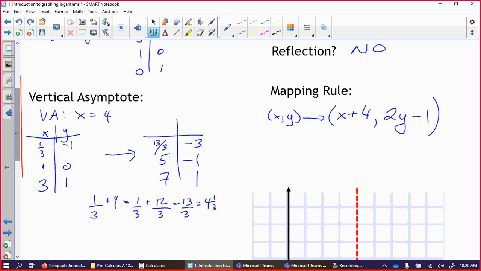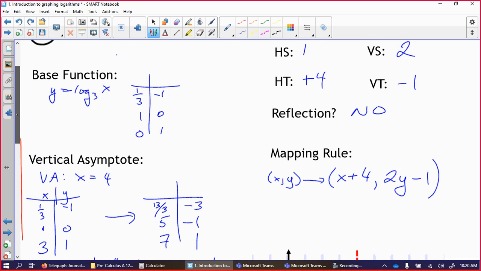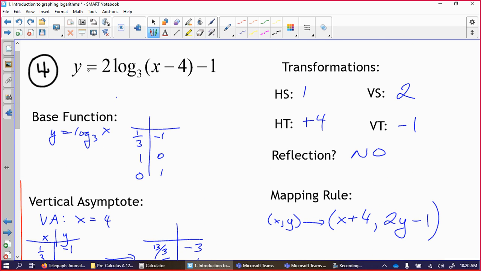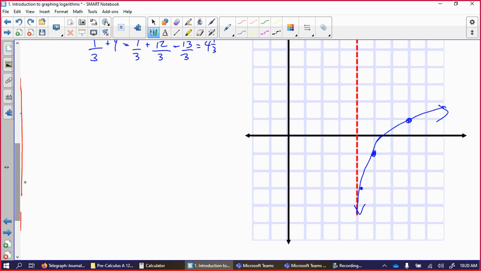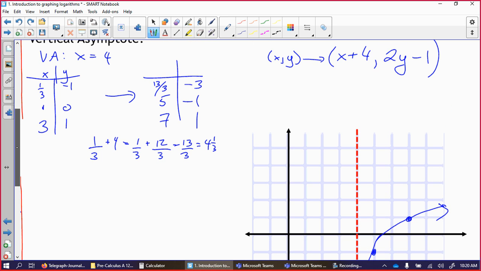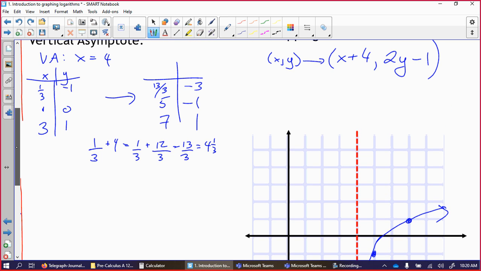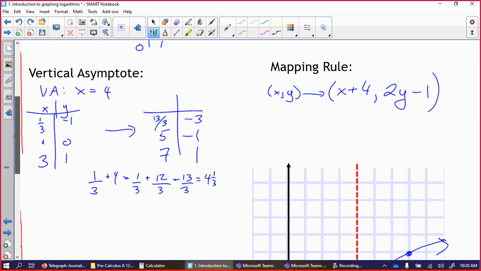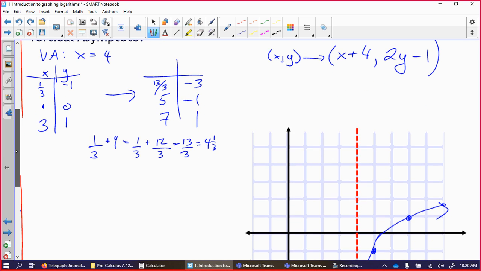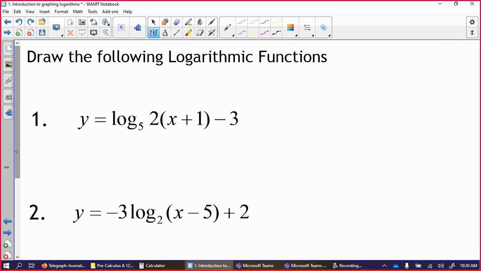That one had an x-intercept at 1. We could solve for it, but I'm not all that worried about that as long as we have those points. Have I done everything? Everything looks okay. So we're just extending everything that we've done before.